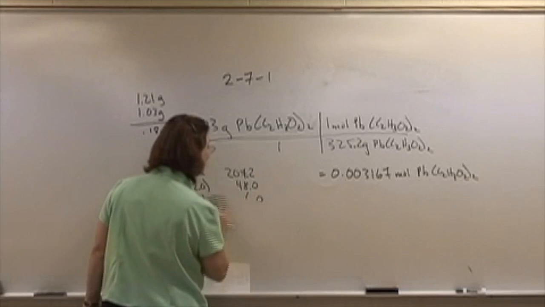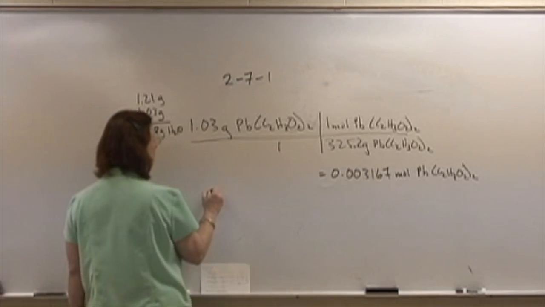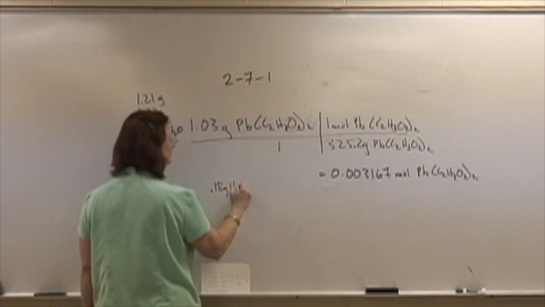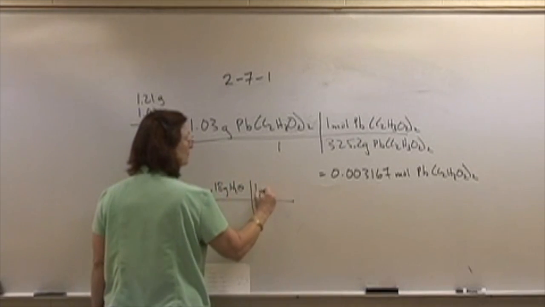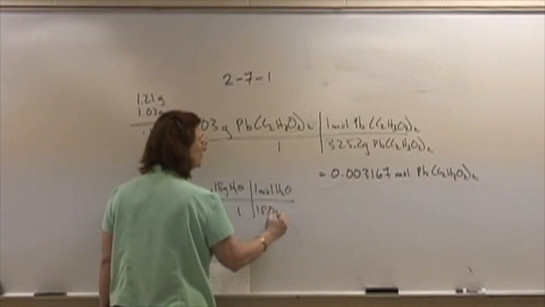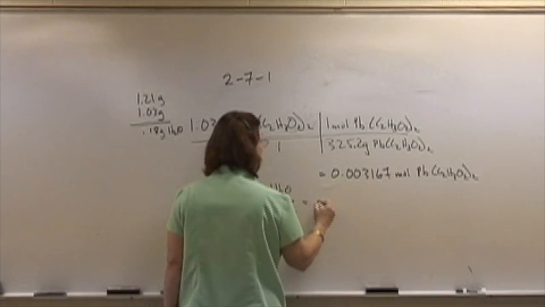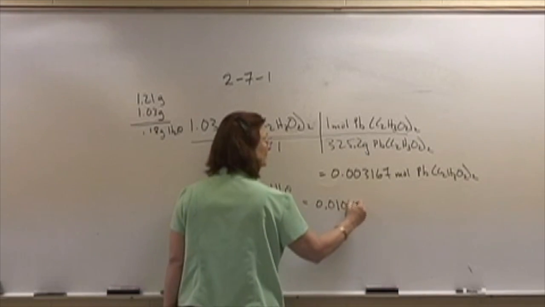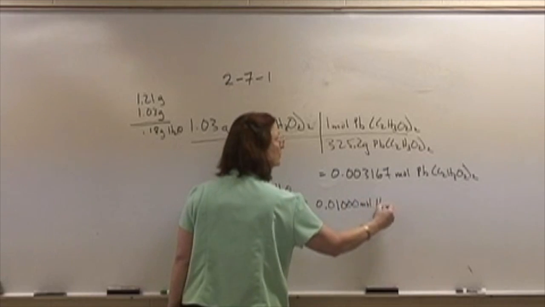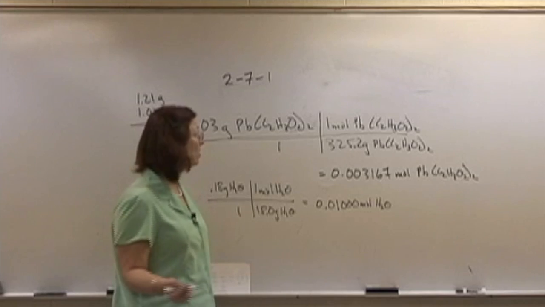And then I take that grams of water and change them to moles. 0.18 grams of water, and 1 mole of water is 18.0 grams. And therefore, I have 0.01 moles of water. And then, very much like empirical formulas, I divide by the smallest.